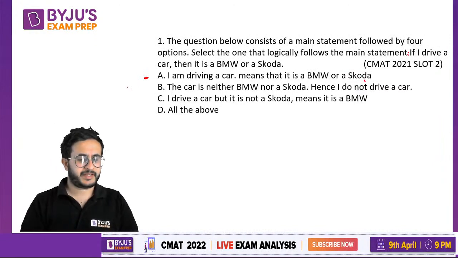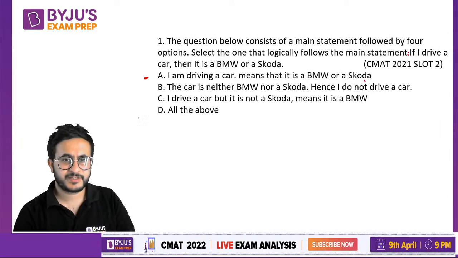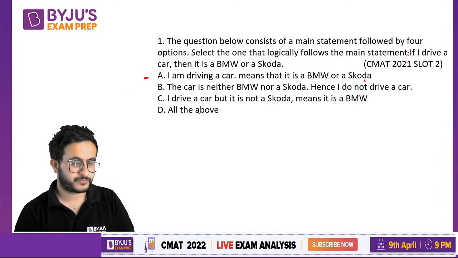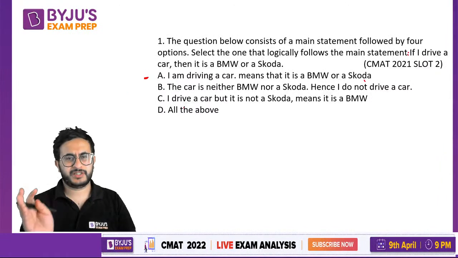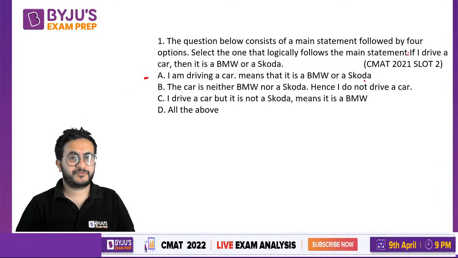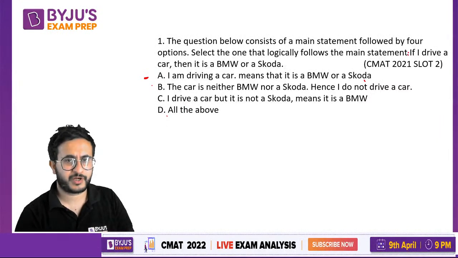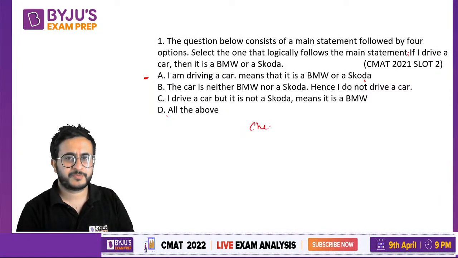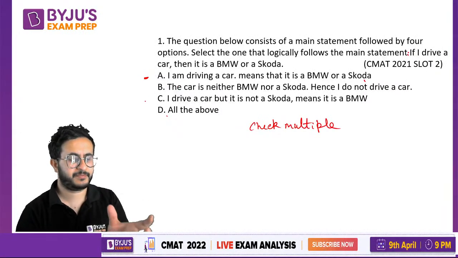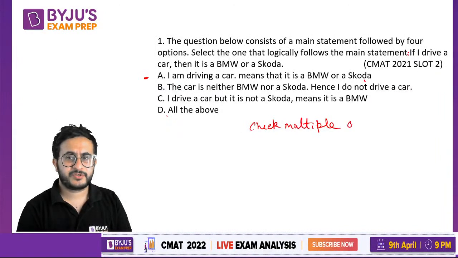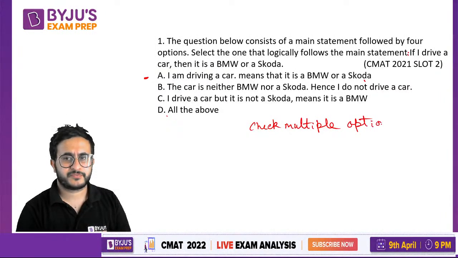Now before marking A as the answer, see there is an option called all of the above also. Whenever in a question, not only this kind of question, any kind of question, if there is an option called all of the above, you should check multiple options. Otherwise what happens is A is correct and many people mark the answer as A. So let's check the second option also.